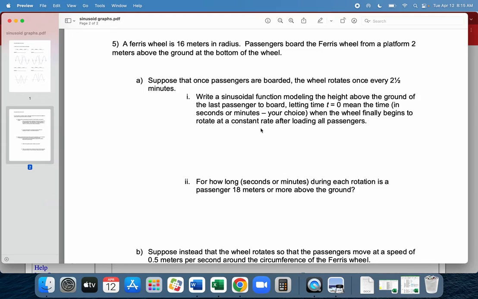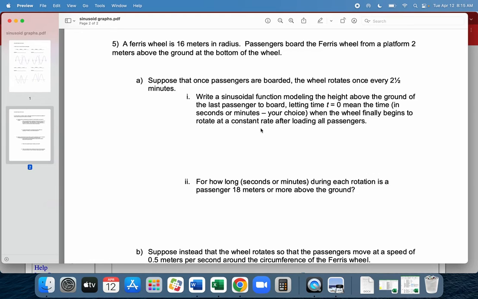But that r, if we're writing out a function, becomes our amplitude. It tells us how far above or below the center of our rotation we're going to move, which, if the circle has a radius of 16 meters, could be to the right or left also.